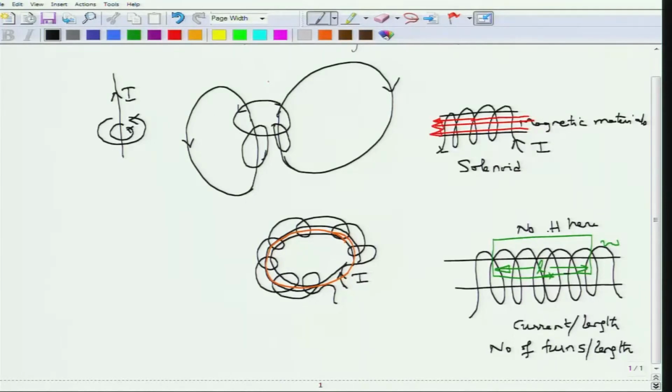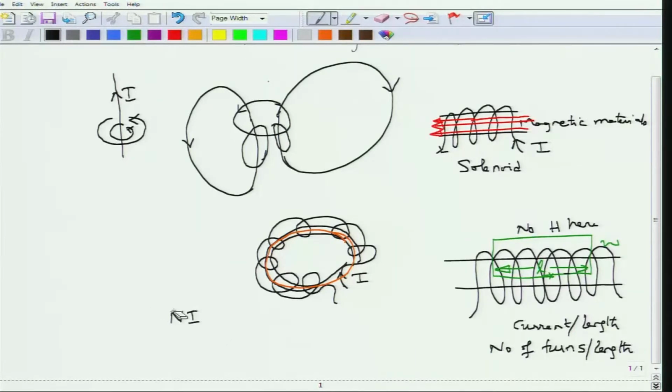So, with this as the Amperian loop, what would be my total current? If the length of the path is L, then the total current will be N I, where N is the number of turns per meter, multiplied by L will be the total number of turns, and then you can write this as N I L. Or if you were to consider N as the total number of turns inside this loop, then it would be N into I. Okay.